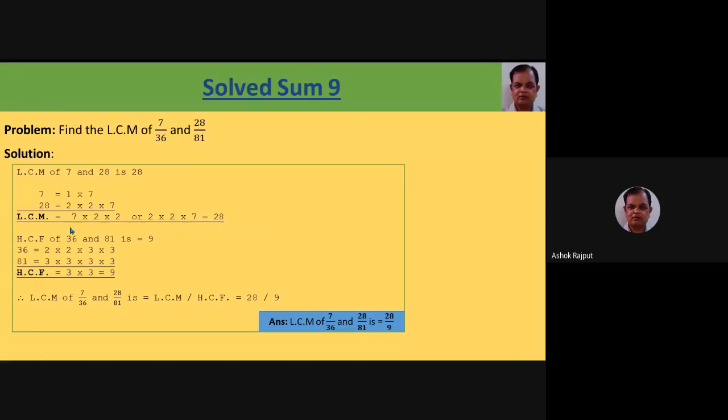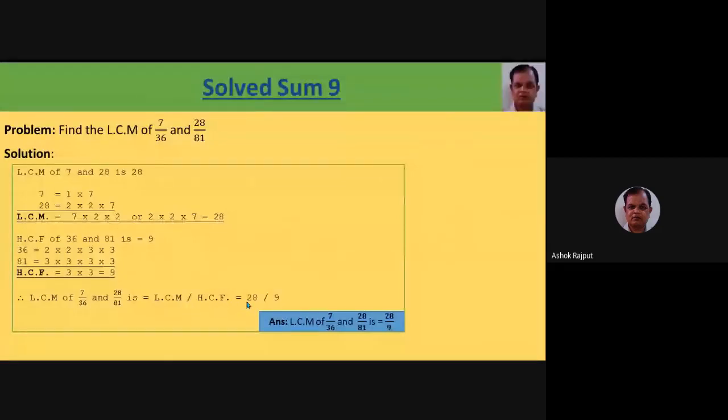Then the HCF of 36 and 81. 36 is 2 into 2 into 3 into 3, and 81 equal to this. Then the HCF is 3 into 3 equal to 9. Then the LCM of 7 by 36 and 28 by 81 is the LCM of numerators upon the HCF of denominators.